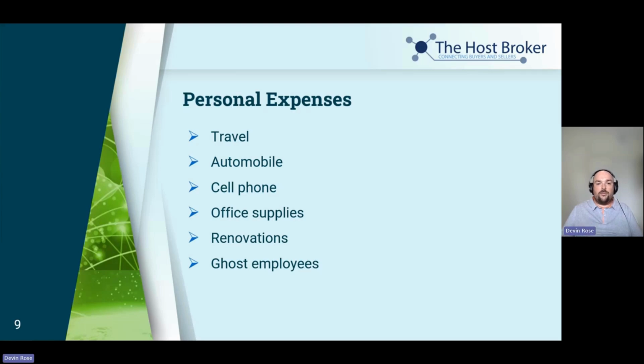Some examples of personal expenses that we might see. Travel, this is a common one. And this one's a little bit tricky, and this goes back to where there's a gray area. Let's say, for instance, that the MSP owner is traveling to a conference or a client site, and then they tack on a vacation after the business reason for the trip and turn it into a personal vacation.